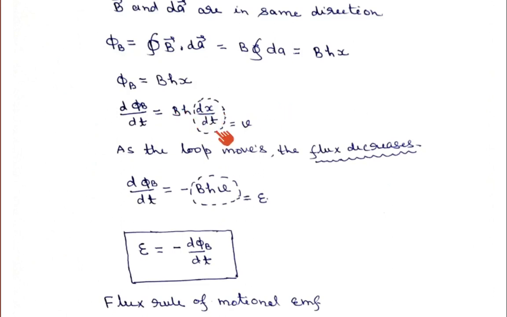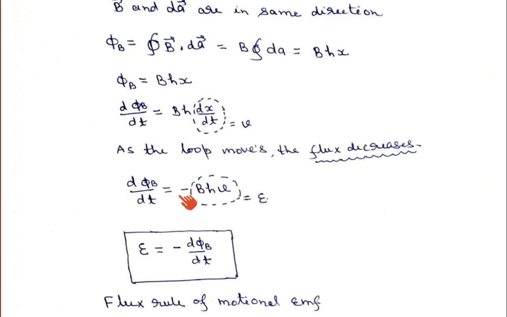And remember, when the circuit is moving in the x direction, the total flux passing through the loop A, B, C, D, A is decreasing. That means d phi b upon dt can be written as B h into V, but because of the decrease of the flux, we put a minus sign here.